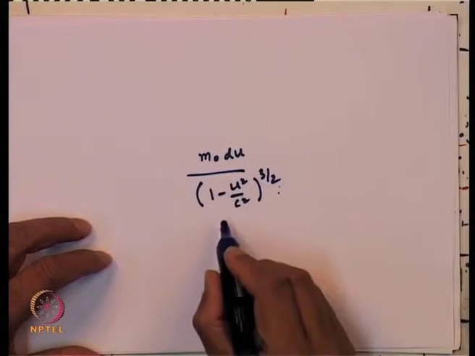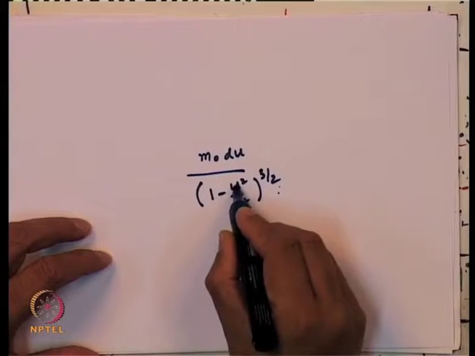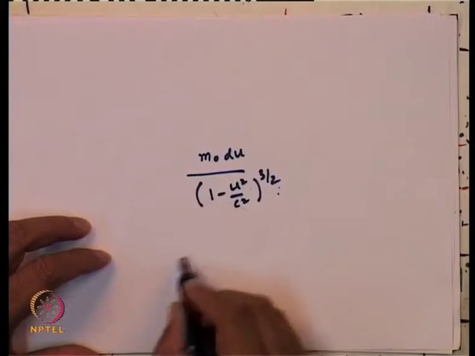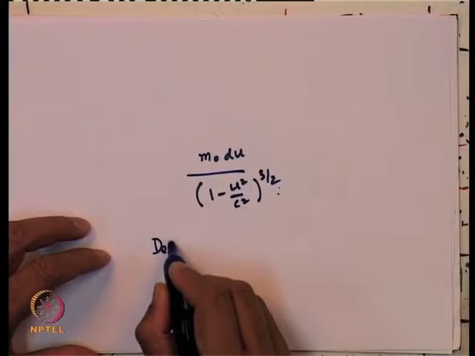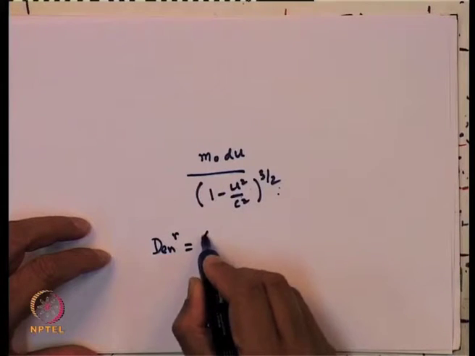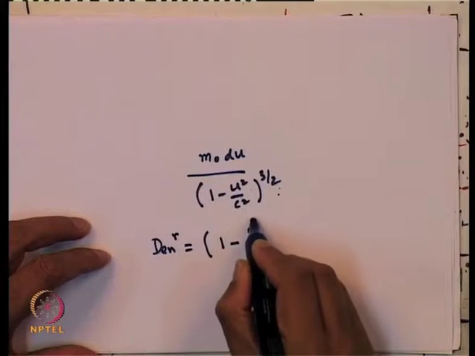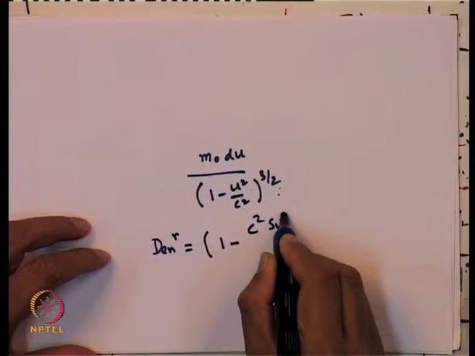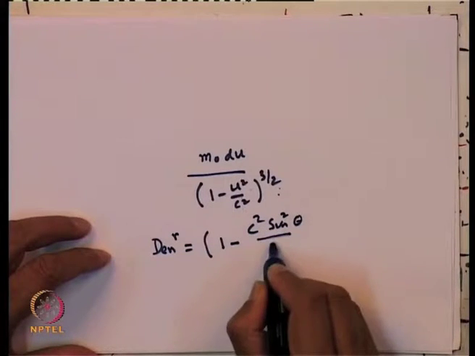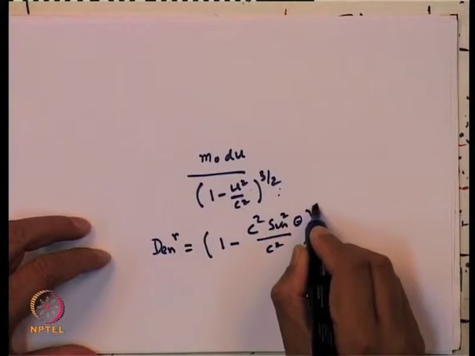If I put u is equal to c sin theta, looking at the denominator, this becomes 1 minus c square sin square theta by c square to the power 3 by 2.